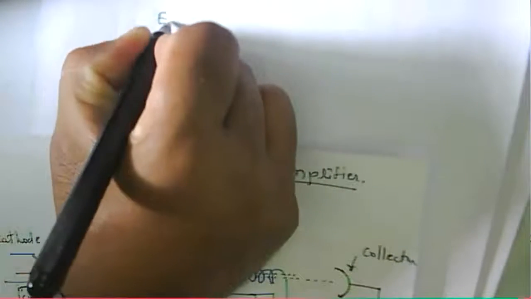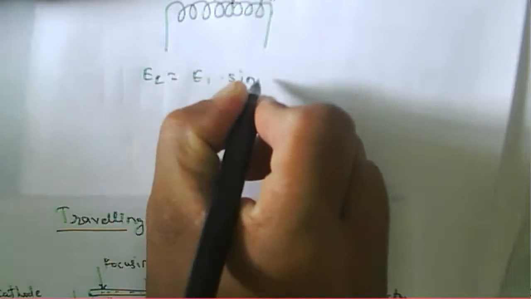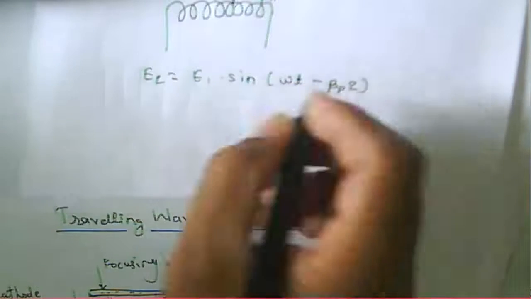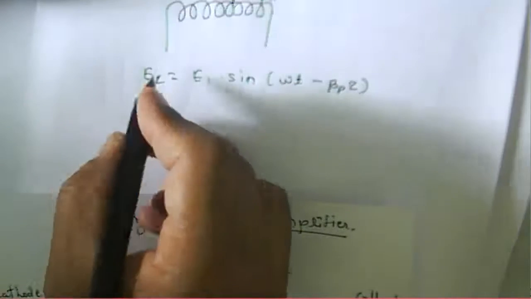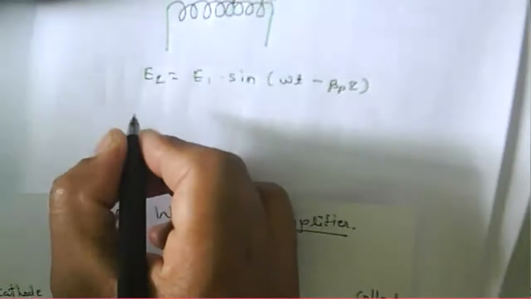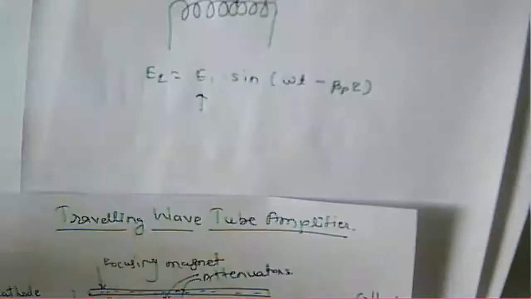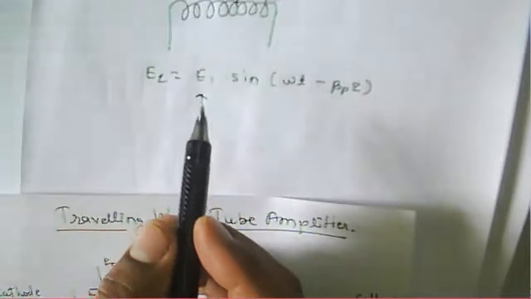We can write the electric field as Ez equal to E1 sine of (omega t minus beta p z), where E1 is the magnitude of the electric field, and the wave is propagating in the z direction.